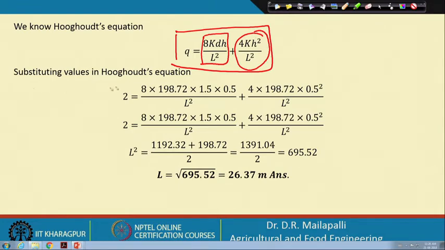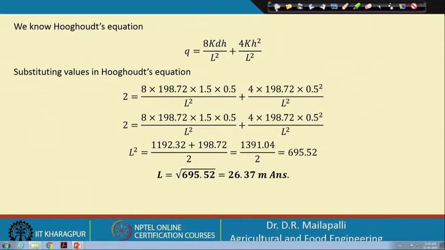So, substituting the values in the Hooghoudt equation, the values are given already, K and D are given, H is given, and Q is also given. So, simply substituting the given parameter values, you get L is equal to 26.37 meters. Okay. So, this is a direct formula based problem. All parameters are given, the only thing is to find out the spacing in that case.